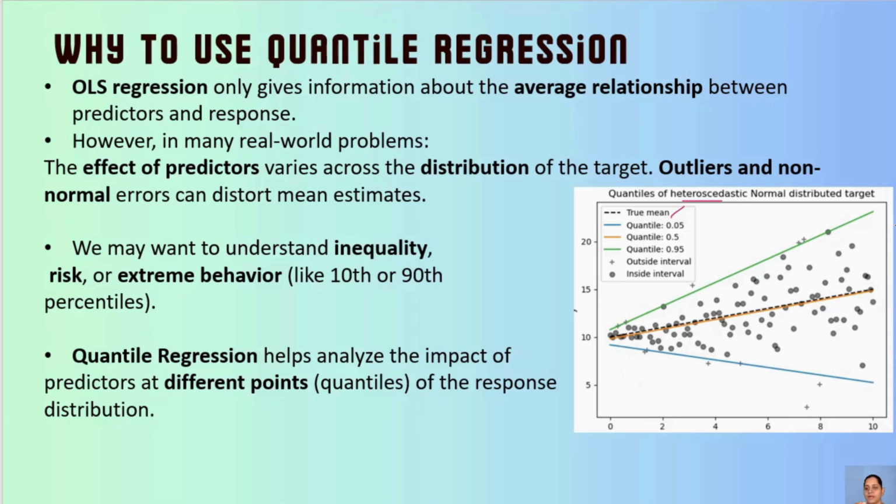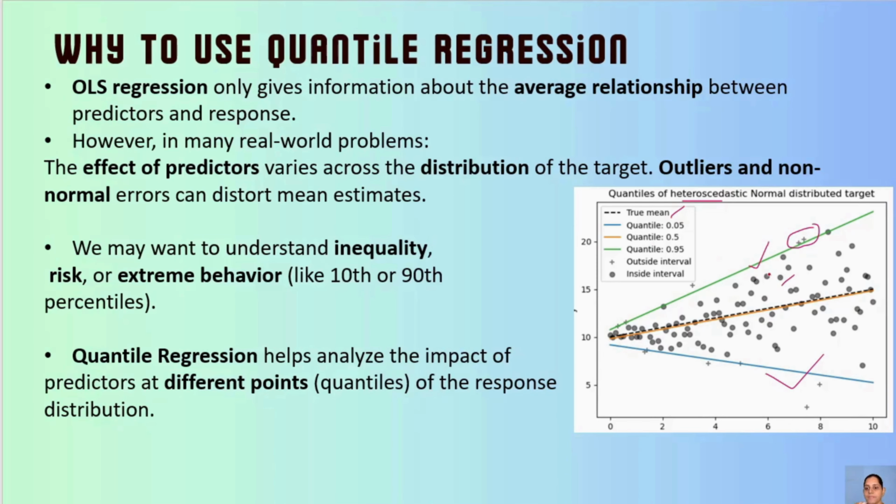The plus points are outside your interval, and the black dotted ones are inside your interval. The blue one is your 0.05. The orange one is 0.5, the median, aligning towards the average line. The green one is 0.95.